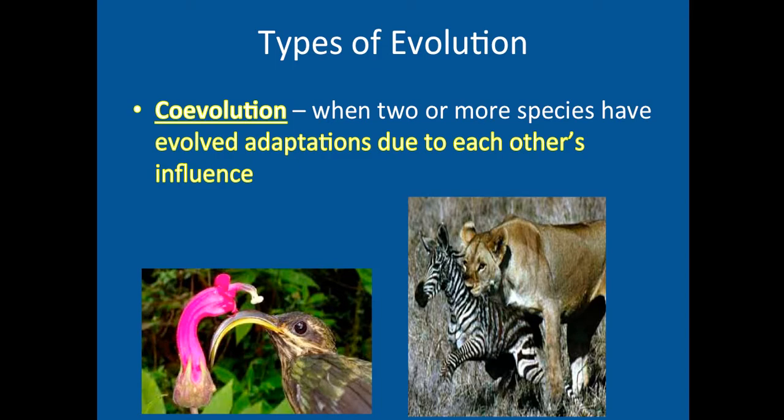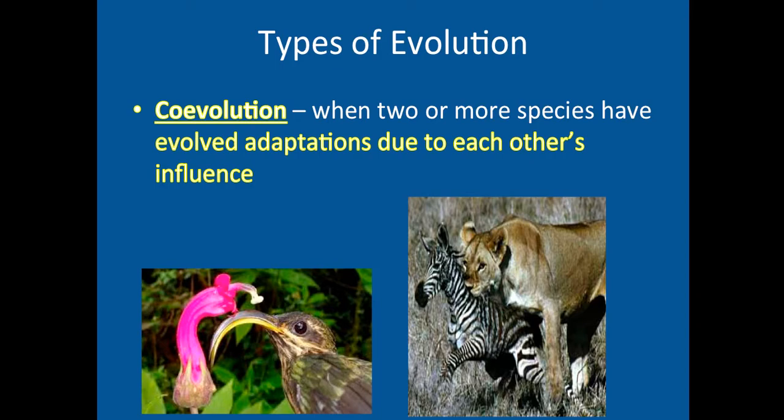So if we look at the picture to the right with the zebra and the lion, the zebra, if it's going to survive, needs to be fast. That is its adaptation. Well, the lion, on the other hand, it wants to eat, and so it needs to be fast as well. So speed, in this case, is the adaptation, and they have co-evolved.